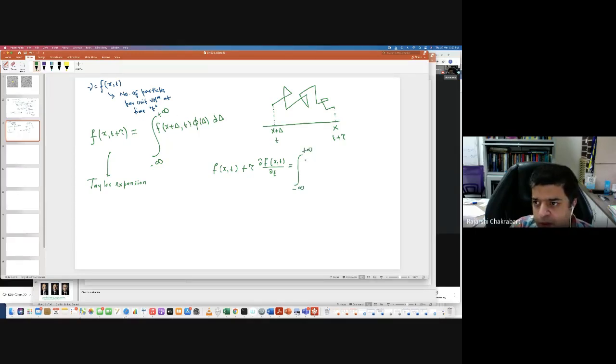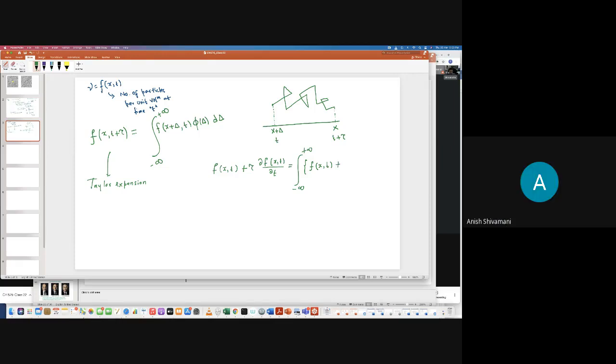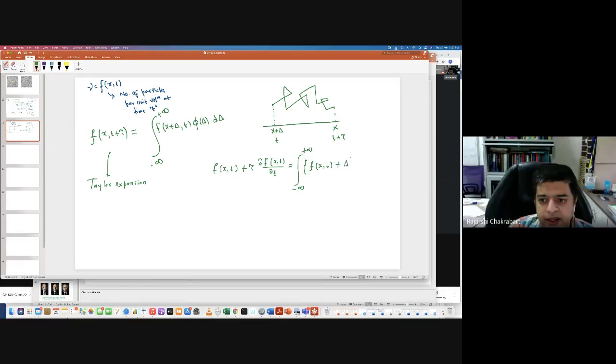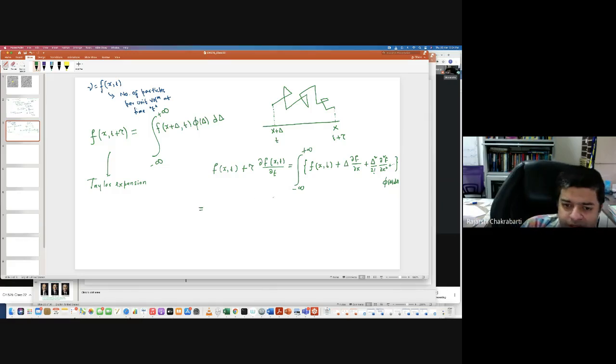Now this function, I'm again doing some Taylor expansion. Let me write down, put the curly bracket, f of x comma t. What will be the next term? Plus delta del f del x, plus the second order term, and I don't take after this. Whole thing is multiplied with phi of delta d delta. So if I now explicitly write down the left hand side, I'll have three integrals. What are those integrals?